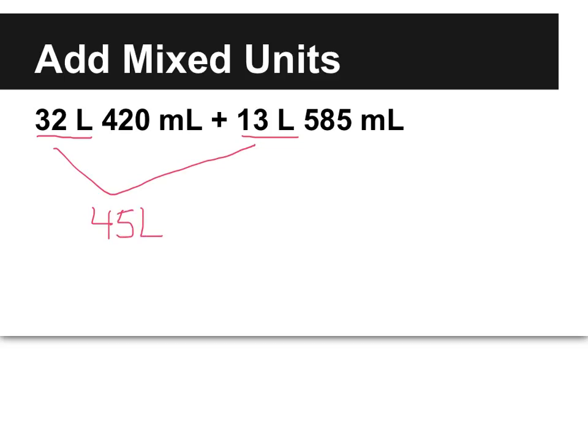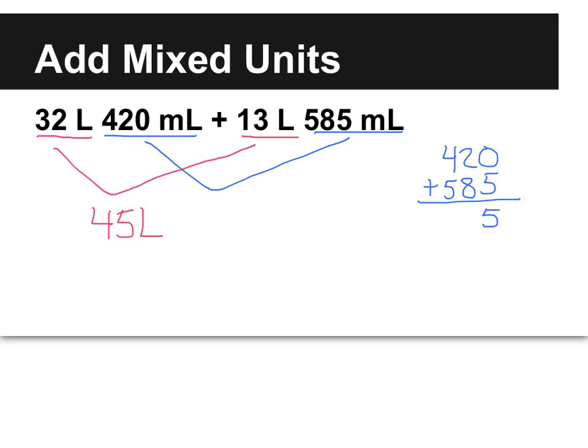Then I see that I have milliliters in common, so I can add those 2 together: 420 milliliters plus 585 milliliters. I estimate that my answer is going to be over 1,000 milliliters, so I'm going to have to do some changing around, but this can give me my first answer.